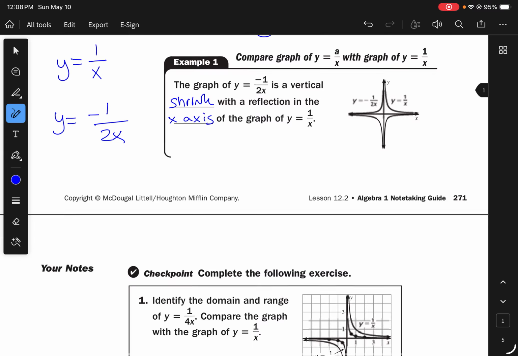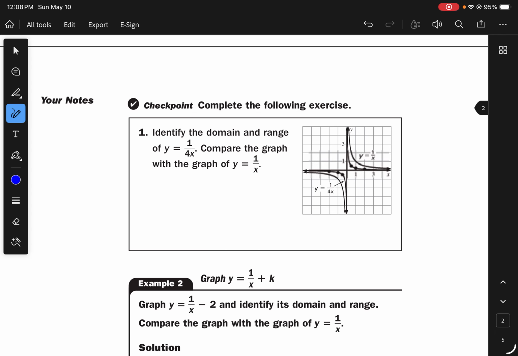All right, take a moment to pause and identify the domain and range of y equals 1 over 4x, and compare the graph with y equals 1 over x. All right, so it looks like our domain, or our x values, can be all real numbers except 0, because on the x-axis it never touches the value of 0.